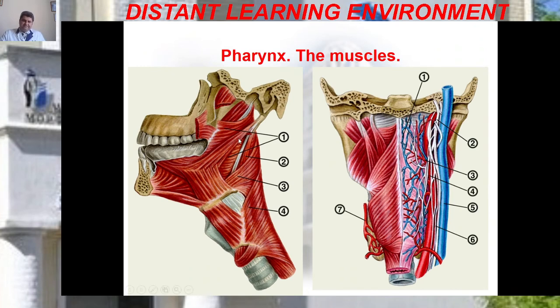Also the pharynx has a dilatator, which enlarges the pharynx. This muscle is arising from the styloid process and inserted in the pharyngeal wall and also to the superior edge of thyroid cartilage.